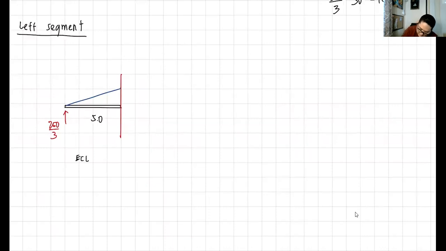So ECL is equal to yung triangular natin. So 1/2 times 20 times 5. So ano yung calculated natin kanina dyan? 50 kilonewtons. Okay? So ito yon.